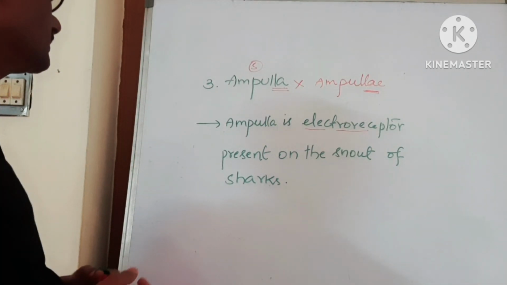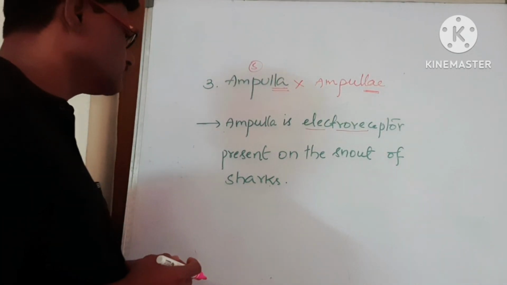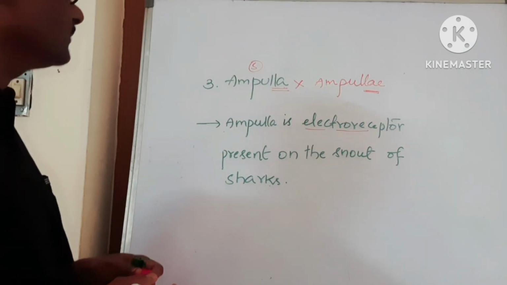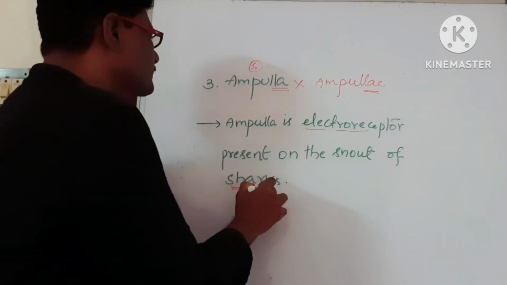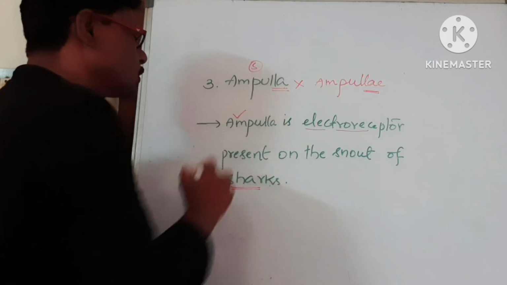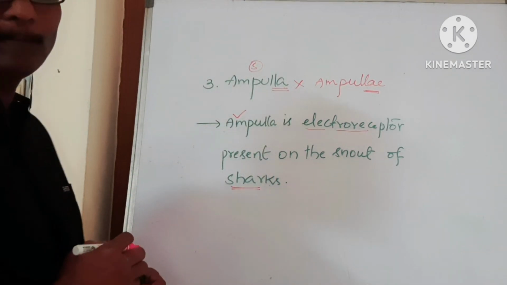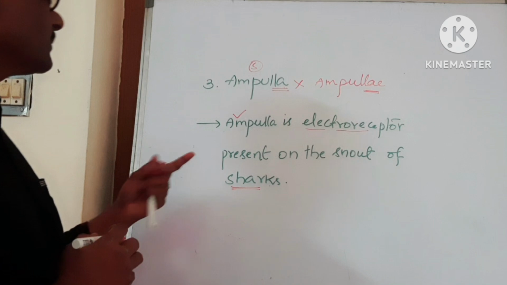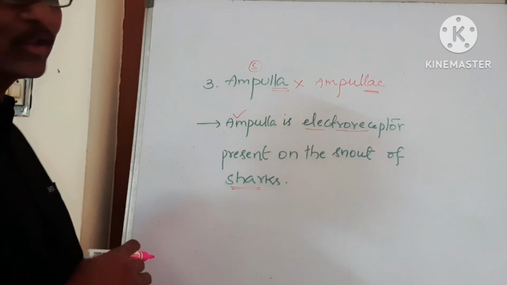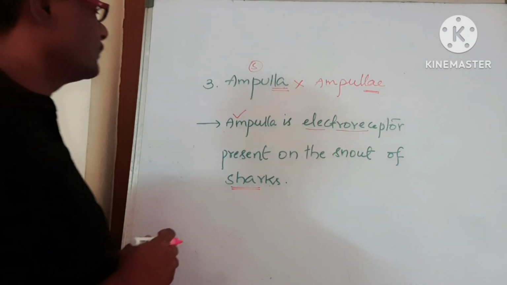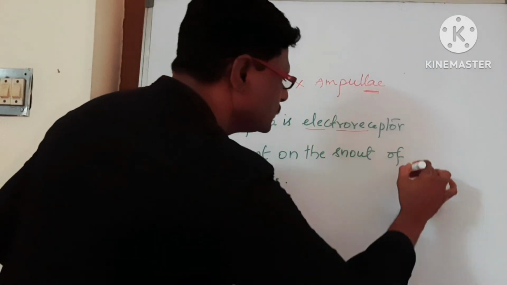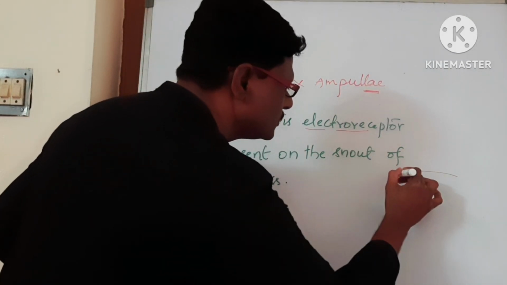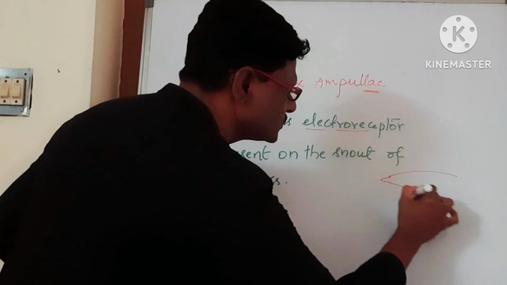This is salt water, and that salt water generates a kind of electric field that is absorbed by sharks with the help of a sensory organ called ampulla. Sometimes it is fully given as ampulla of Lorenzini.